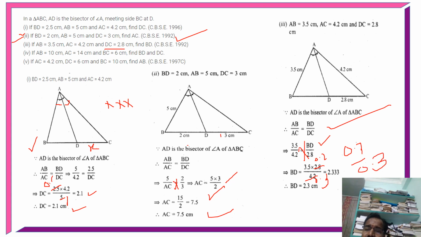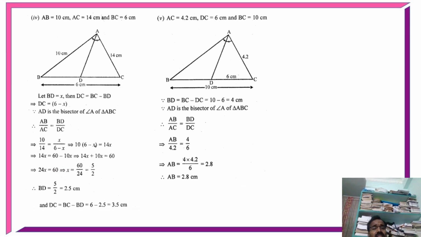Multiplying by 10, that is 7 by 3. 3 is non-terminating repeating. We get 2.33. Approximately we can take 2.3 centimeters, because if the digit after is 5 or more we take the next digit, and less than 5 we keep the same. So 2.3 centimeters. Next slide, children.